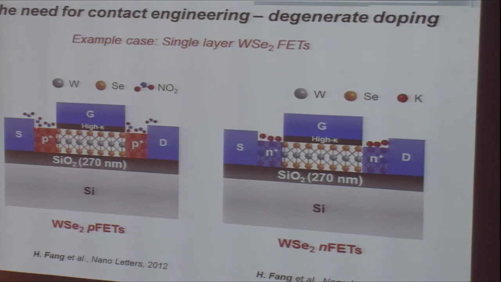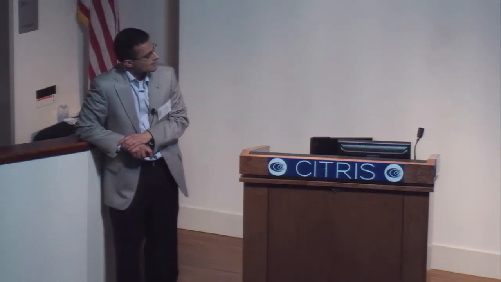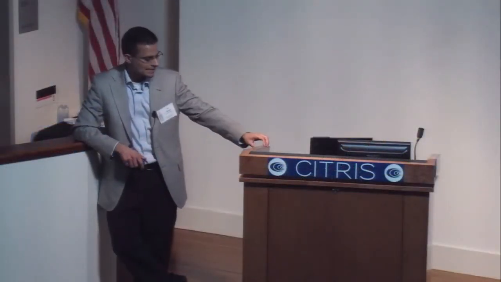NO2 withdraws electrons from tungsten diselenide because of its HOMO and LUMO positions with respect to those of the tungsten diselenide. For N-doping, we use potassium. Potassium wants to donate an electron, which is very well known. Potassium wants to become K+. So that's the technique that we use.